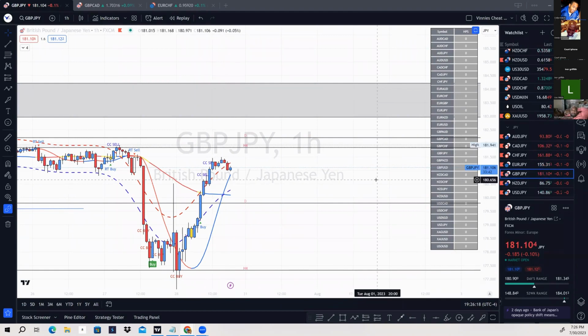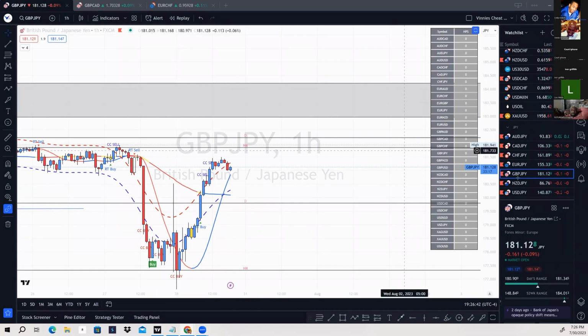We're going to simply sit on our hands and wait for an opportunity to trade. We do not chase trades. We simply wait. We let the market come to us. Once the market comes to us, then we look for a prime opportunity to take a trade within the market. So that is how the cheat code system works.